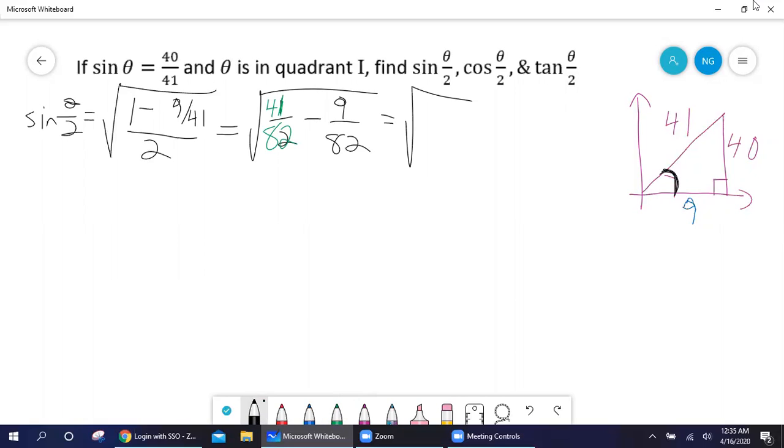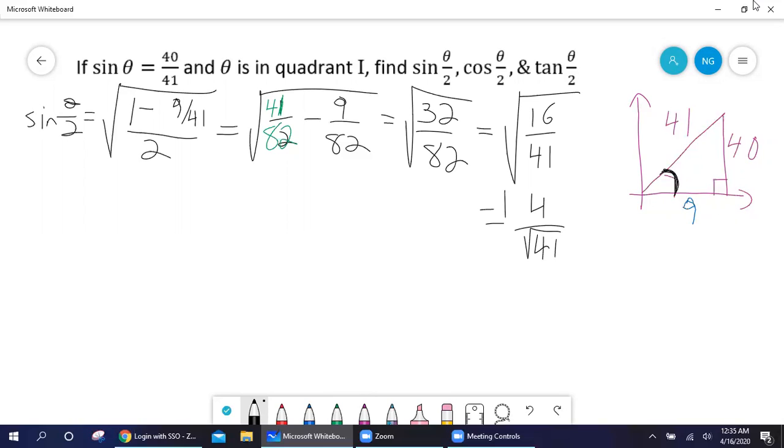That's going to turn this into the square root of 32 over 82. That does reduce, and it's convenient. If I reduce it by 2, I end up with 16 over 41. Square root of 16 is 4. Square root of 41, I can't do anything with. But there's my sine.